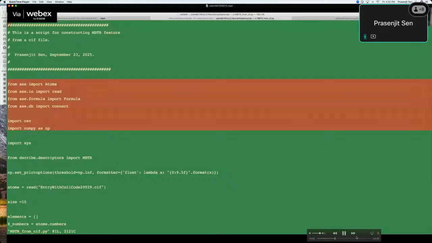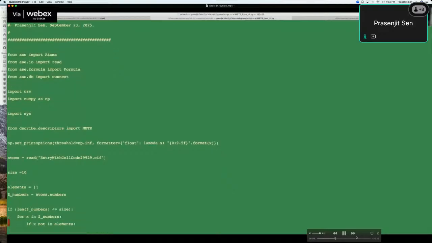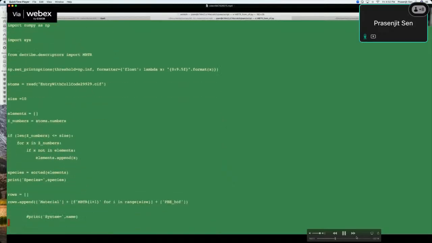You import Atoms from ASE, ASE io read, formula we really don't use, ASE database connect also, in this case we'll not use it, but some of the headers I just happen to have in the files. Okay, the important thing is here.